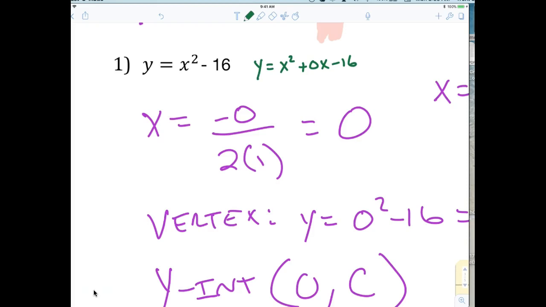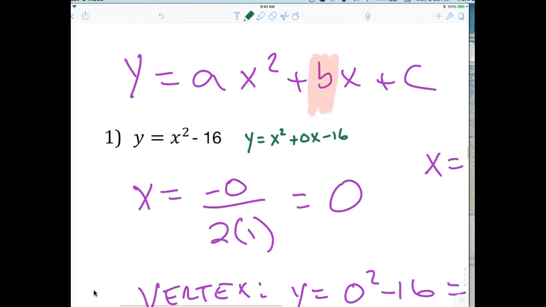Why is it 16? Because B is the number in front of the x. Look, right up here, listen to what I'm saying now. A is the number in front of the what? No, it's not. A is the number in front of what? There you go.